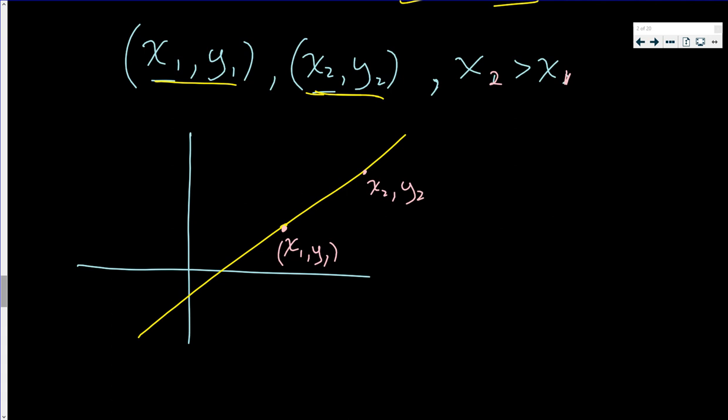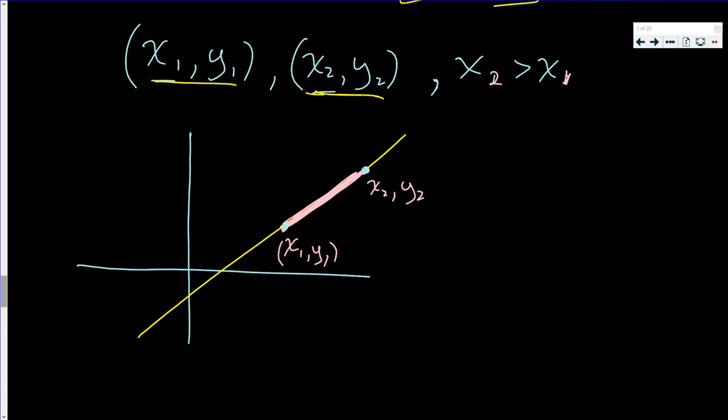Now, what we want to do is find the length of that curve, better known as the distance between those 2 points.